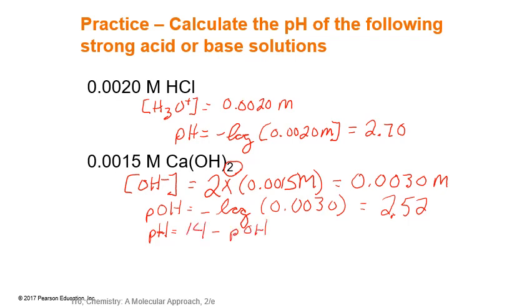So pH plus pOH is equal to 14. So 14 minus 2.52, and our pH equals 11.48. And you can ask yourself, does that make sense? Well, it's a basic solution, and so we have a pH that's greater than 7, and that makes sense.